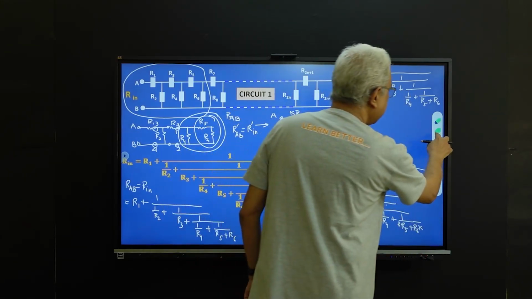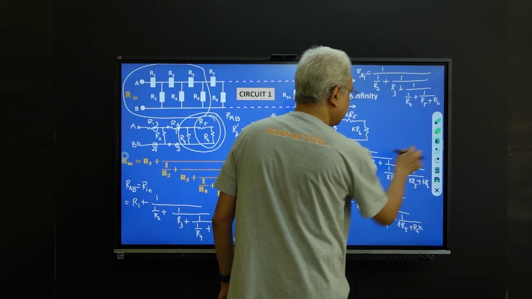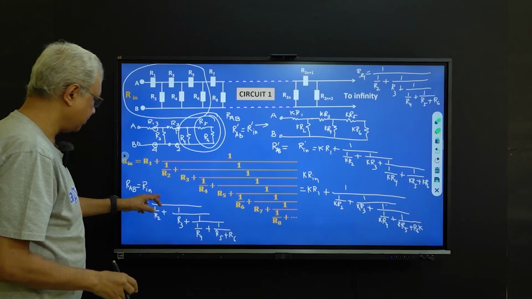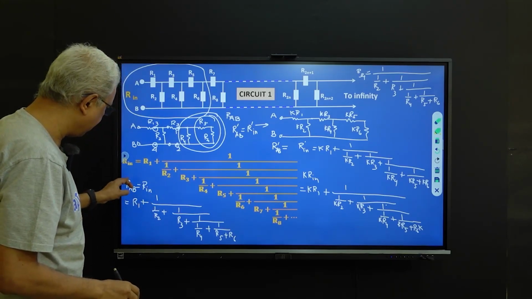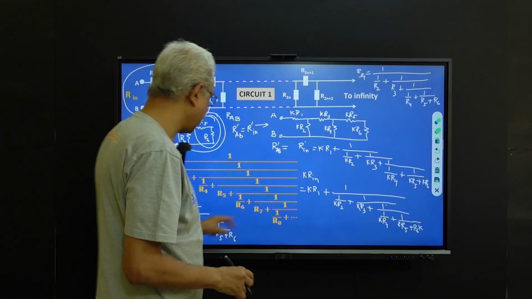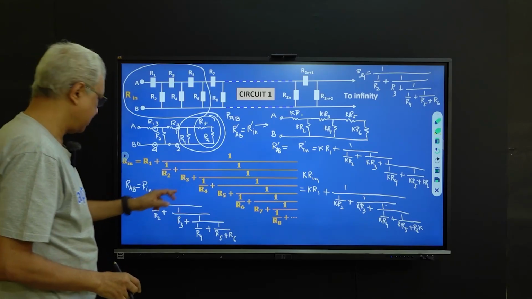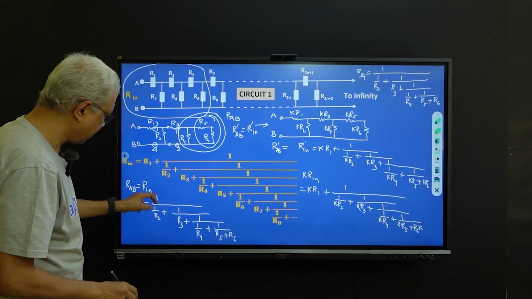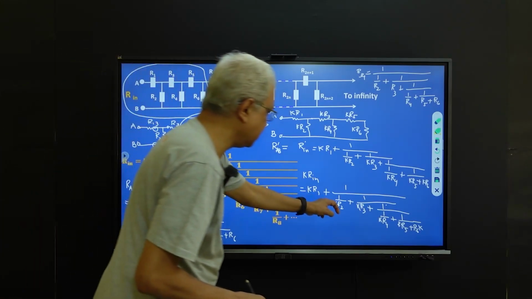So I can write like this, multiply by K. When I'm computing KR1, the numerator will be K, but this K I'm bringing down like this.